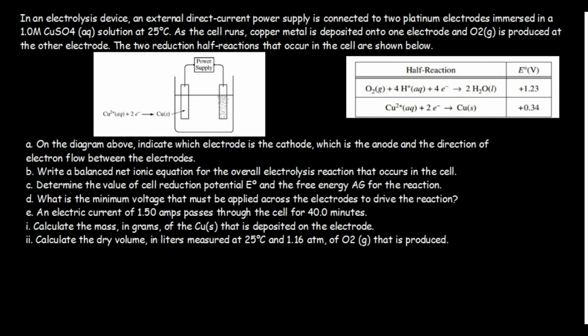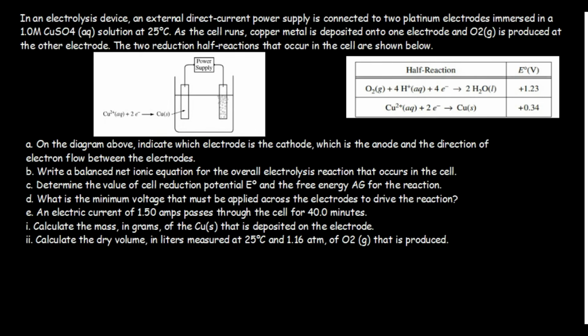First of all, we've been told in an electrolytic device, of course, an external direct current, we understand that, is connected. Now, in this case, we are told we are using two platinum electrodes immersed in a solution, okay, of 1 molar concentration copper sulfate, that is, at 25 degrees Celsius, which means at standard conditions.